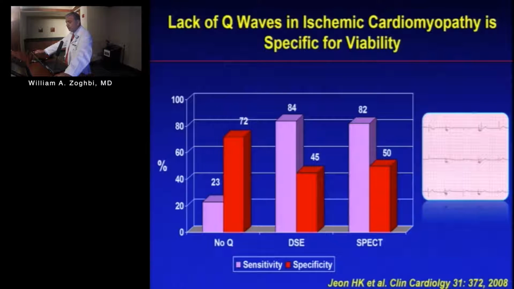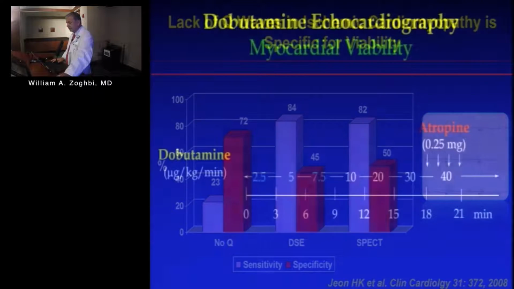If there are no Q waves, it is quite specific in the 70% range, which is as specific as you can get nowadays in this field of myocardial viability and recovery of function. So on rounds and in the clinic, look at that. You have to put it together, obviously, with the patient situation, because you could have a non-ischemic dysfunction, cardiomyopathy, where that would really not help you.